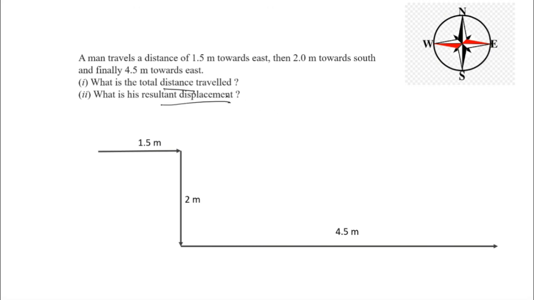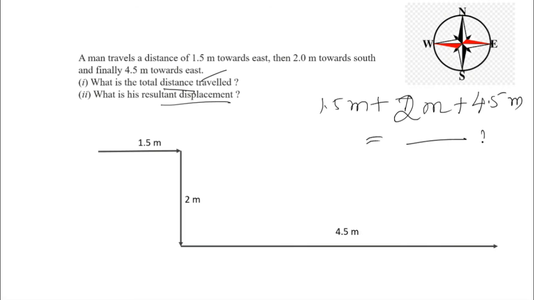Now you are very familiar with what distance covered is: the actual path covered. I repeat, distance covered is the actual path covered. And what is the actual path covered? 1.5 meters plus 2 meters plus 4.5 meters altogether. Whatever answer you get will be in meters, and that is the distance covered. I'm not going to do that calculation; this is left for you.